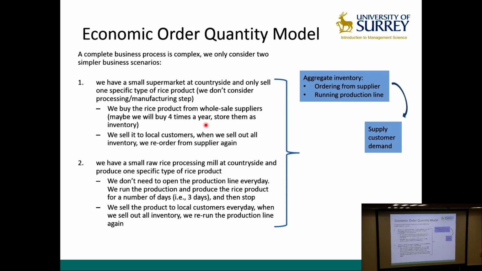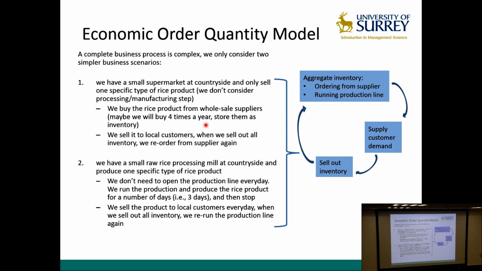We sell for some days and then we sell out all the inventories. When we have nothing to sell, we re-aggregate inventory again. Maybe we reorder from the supplier, or maybe we reopen the production line. This is basically the same thing, but we have two business scenarios here.